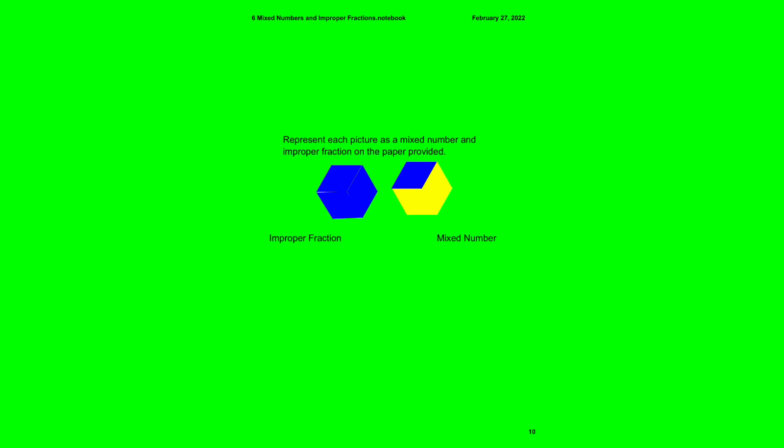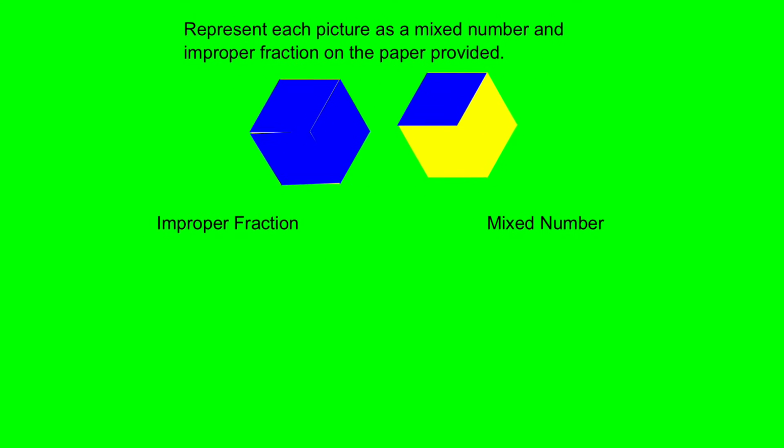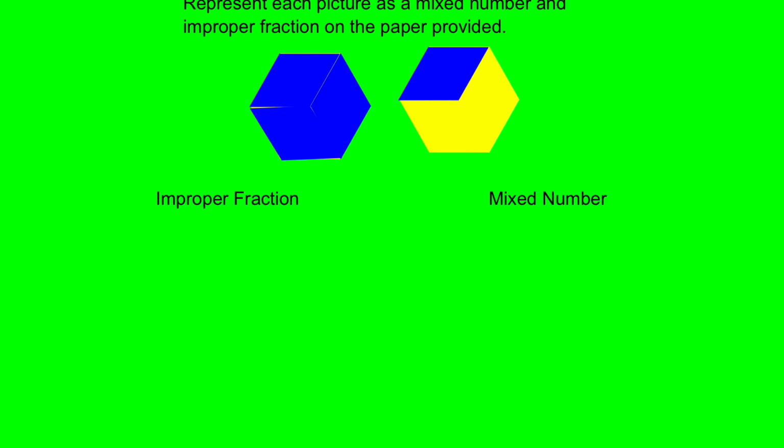And then I had the kids start to build some improper fractions and mixed numbers. So on this one right here, 3 of the blue rhombuses fit on the one whole yellow hexagon. So that would be 3 over 3, or one whole. And one of the blue rhombuses is on this one, so that's 1/3.